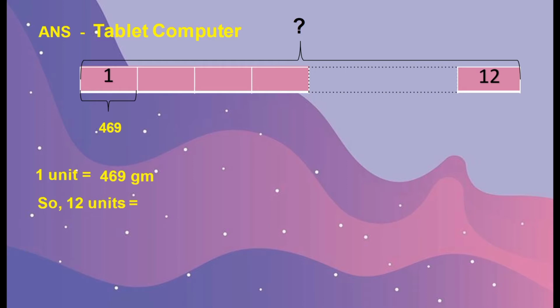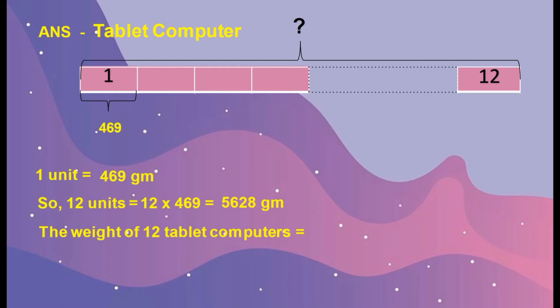So what is 12? 12 is your tablet computers. 12 multiplied by 469. What is 469? That is the weight of 1 computer. So when you multiply, you will get 5,628 grams. What is this? This is the weight of the 12 tablet computers.